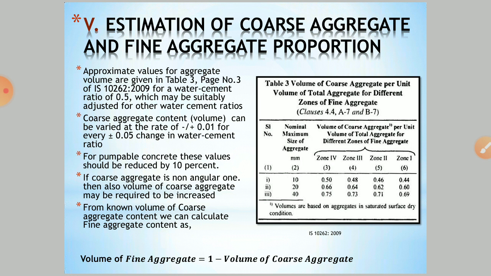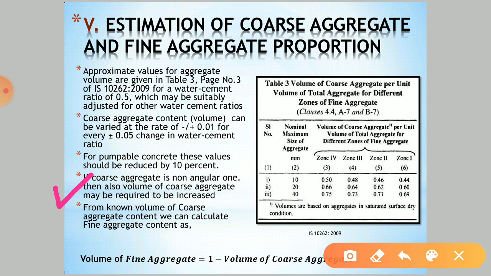To have pumpable concrete we should have a minimum coarse aggregate. Again, all these things are given in the IS code. Next, if the coarse aggregate is non-angular, then what to do? Then we have to increase the volume of coarse aggregate.